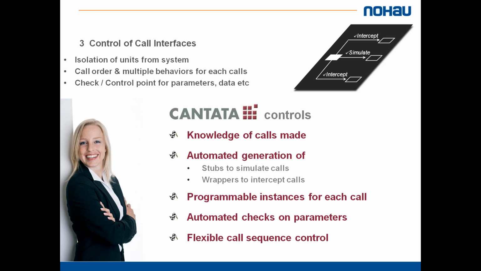And Cantata has a feature to automatically understand what calls your software under test is doing, and it can generate what we call a stub for all the calls that are made from that software under test.